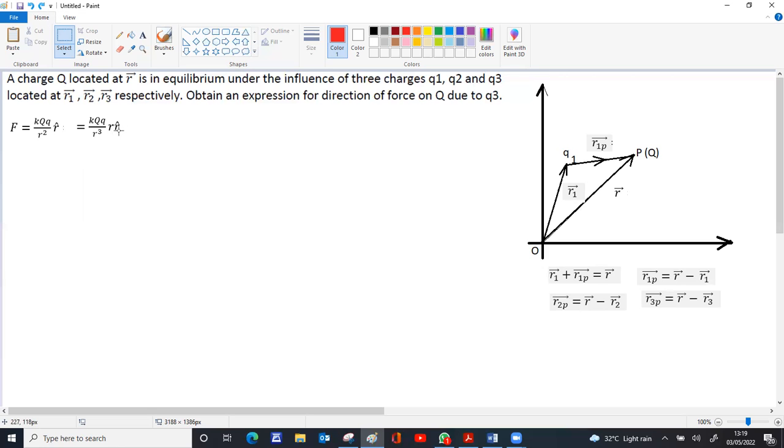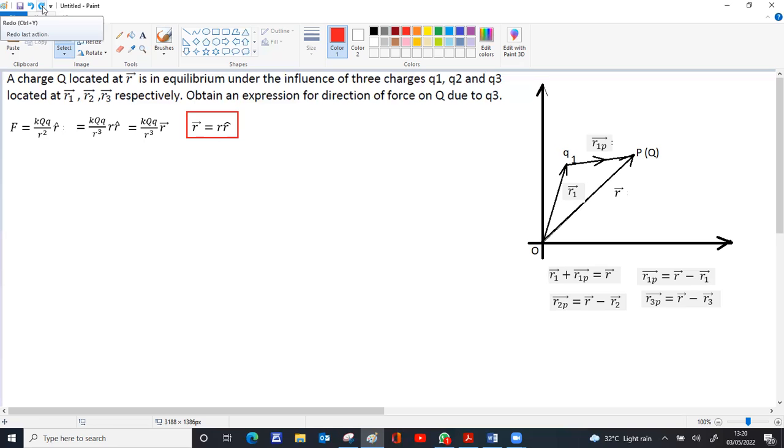Now, R into R cap is vector R. Vector has both magnitude and direction. This R represents the magnitude, this R cap represents the direction. So vector R is R with R cap, as we learned last year.